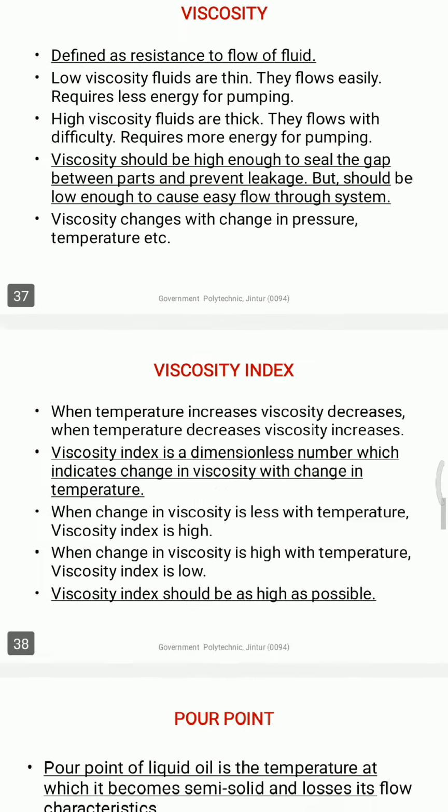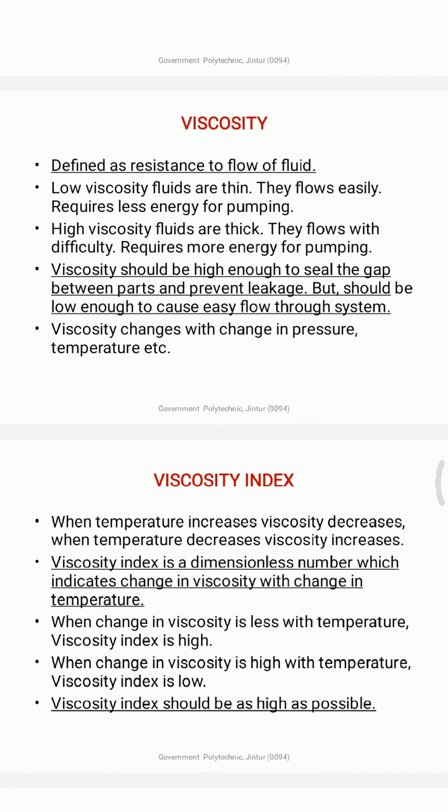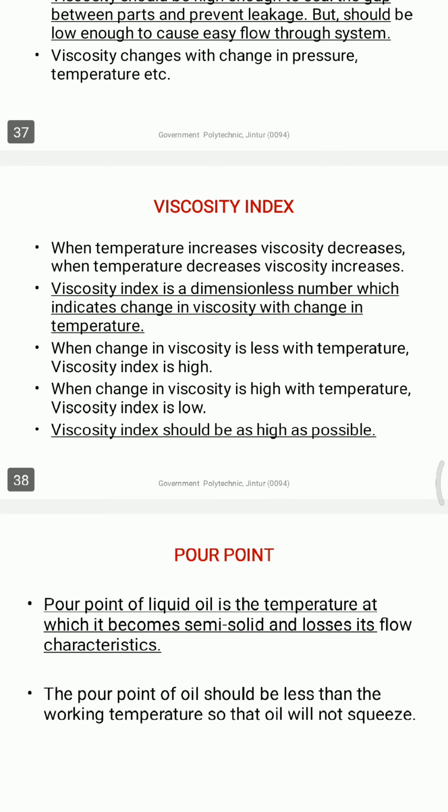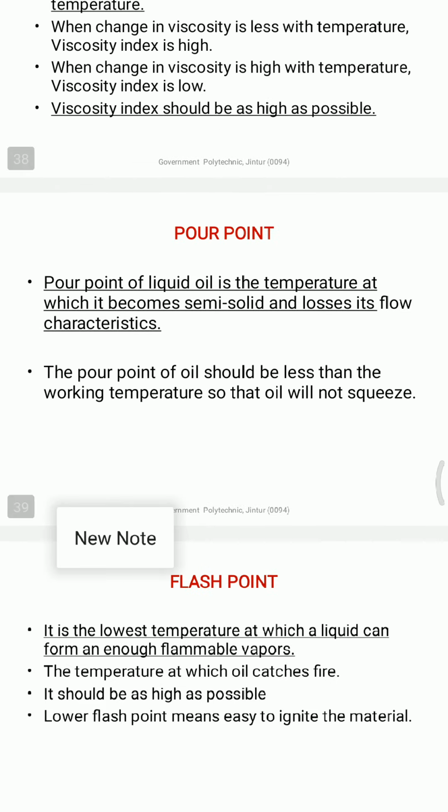Now the next property is viscosity. Optimum viscosity should be there. Viscosity index is the relation with temperature. Viscosity index should be as high as possible. What is the viscosity index? It is the dimensionless number which indicates the change in viscosity with change in temperature. Pour point.